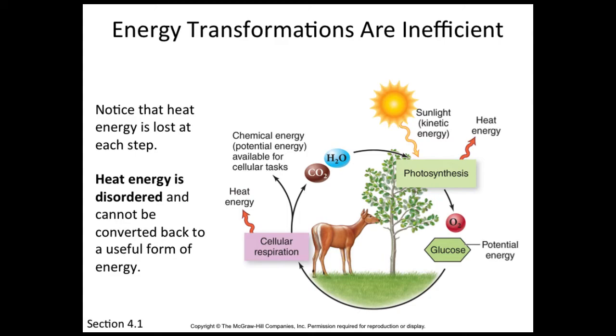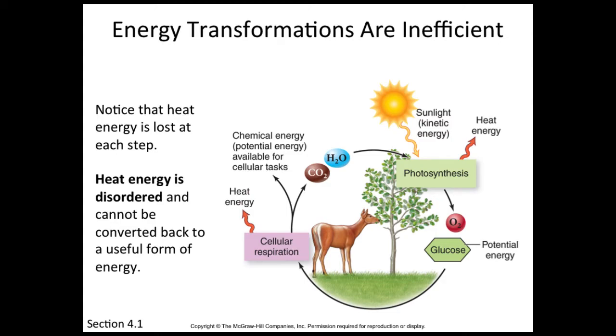And this heat energy is disordered energy. Disordered energy cannot be converted back into a useful form of energy. Instead, it just gets lost into the atmosphere. Therefore, we could say that these energy transformations are somewhat inefficient, and yet we need these energy transformations in order to function as living things.